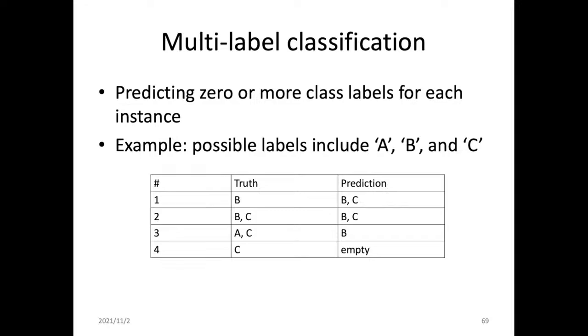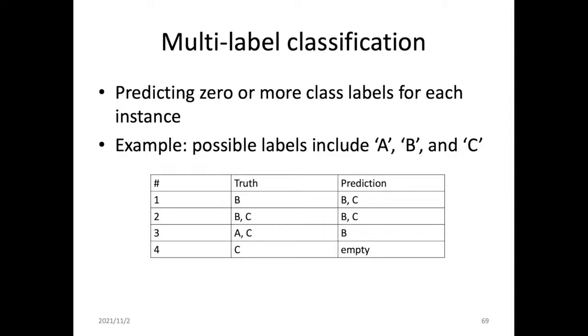Okay, next we talk about multi-label classification. Multi-label classification and multi-class classification are different. Multi-class classification is you pick exactly one class out of k possible classes. But multi-label classification is you could select 0 or 1 or 2 or 3 or even k classes out of all the choices.